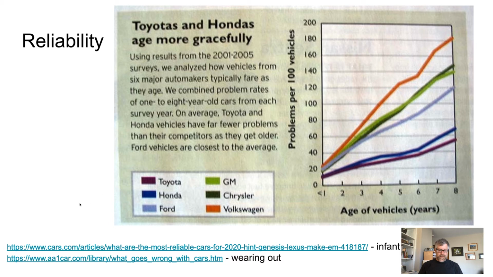You can actually see on these links, I'm not going to click on them, but this link talks about the most reliable cars for owning in the first 3 years of a vehicle. How many problems do you have for different makes and models of cars, which is interesting. And then this bottom link here, which I can't really see because the thing is going over it, talks about what issues go wrong with cars.